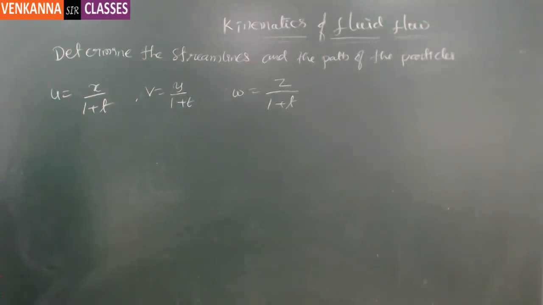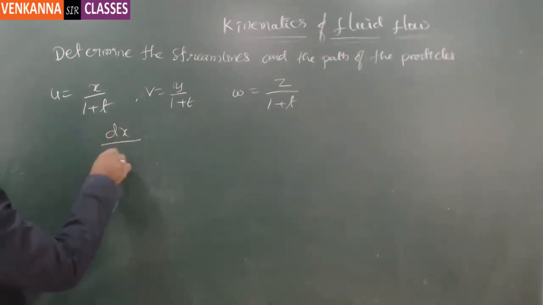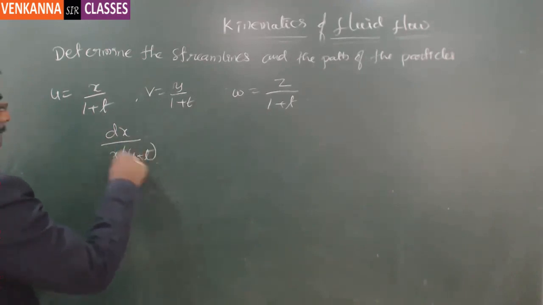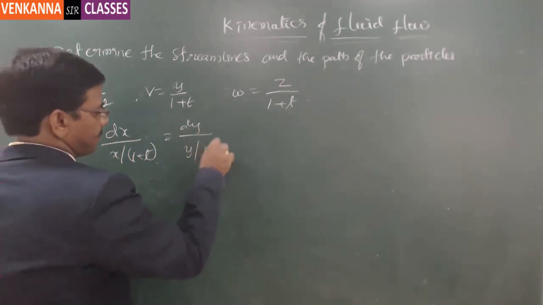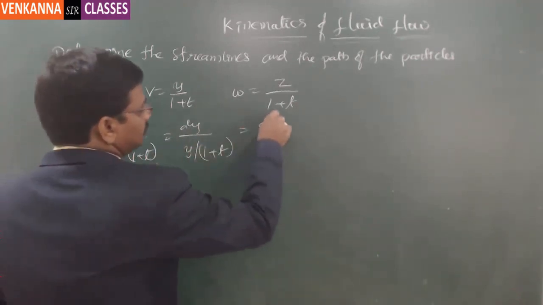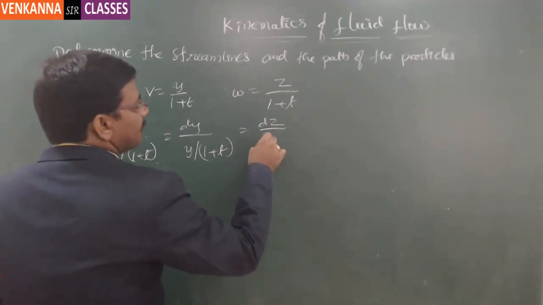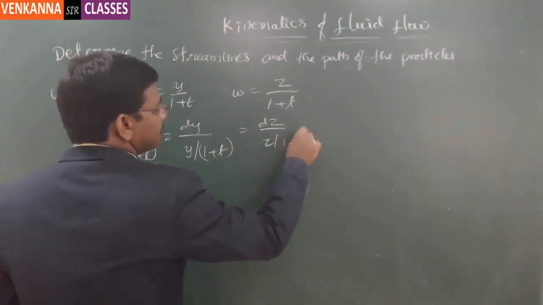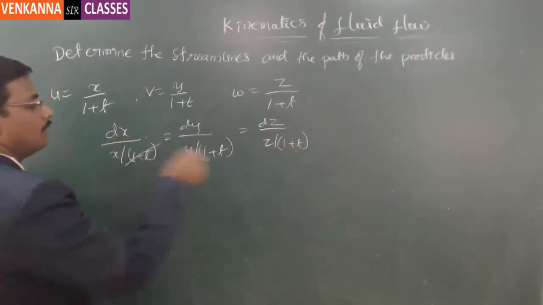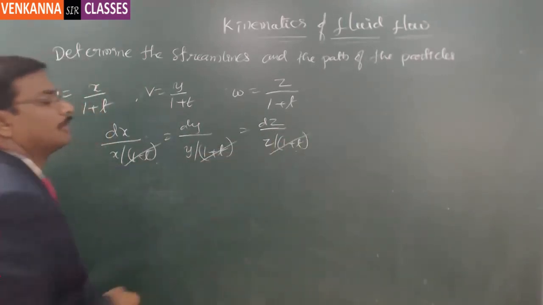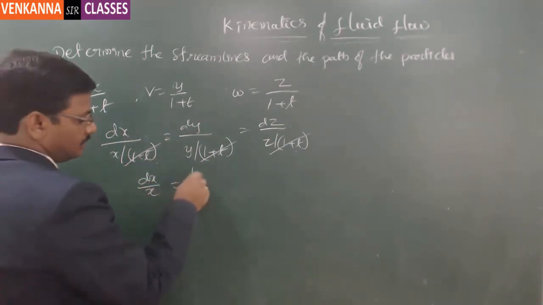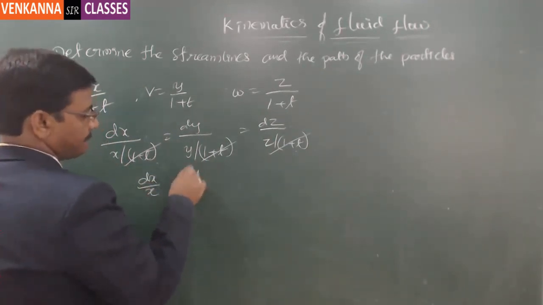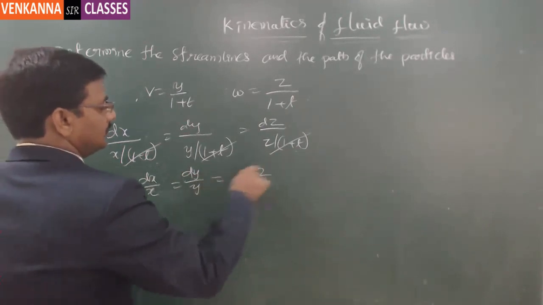So here dx by u is equal to dy by v is equal to dz by w. Out of all the three, 1 plus t is common. You can cancel it out. Finally, what is left is dx by x is equal to dy by y is equal to dz by z.